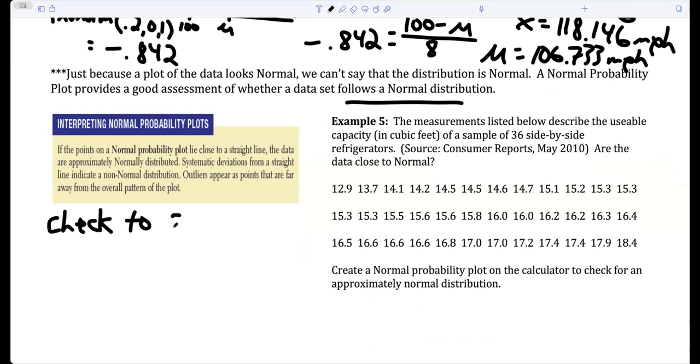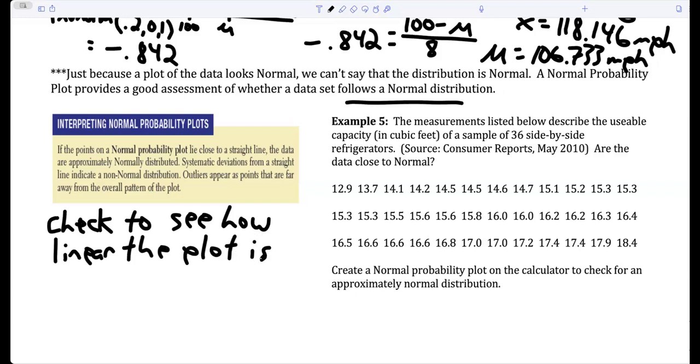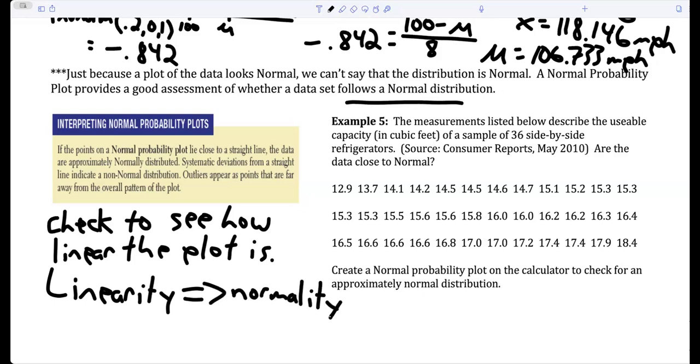Check to see how linear the plot is. Linearity implies normality in a normal probability plot.